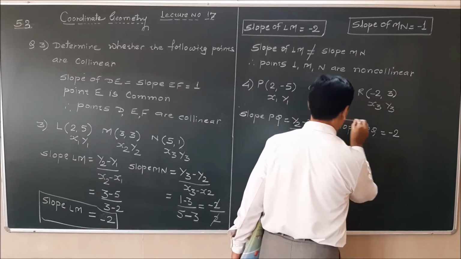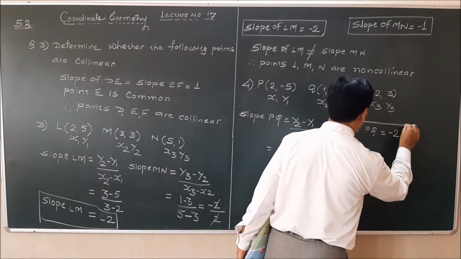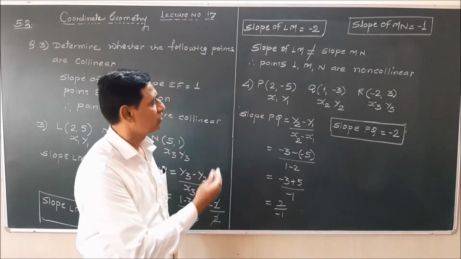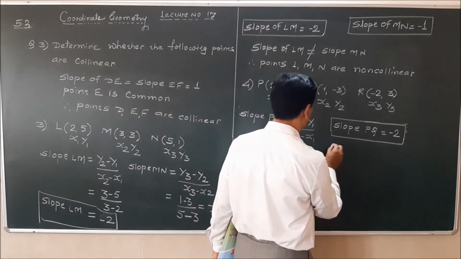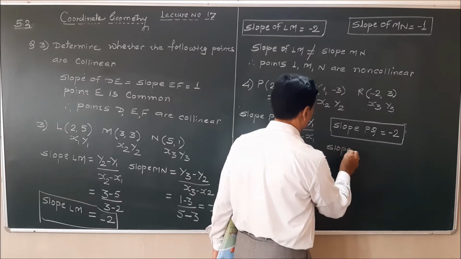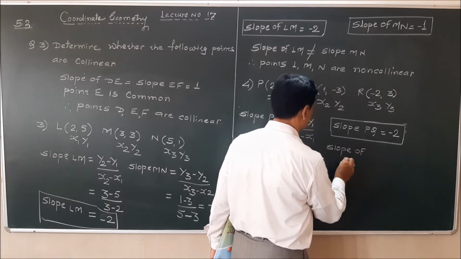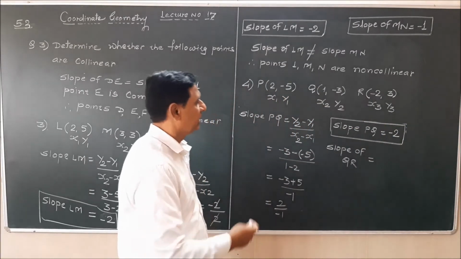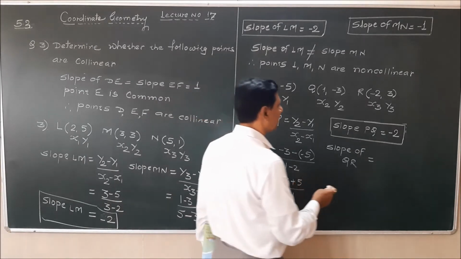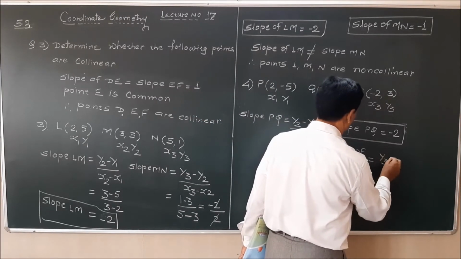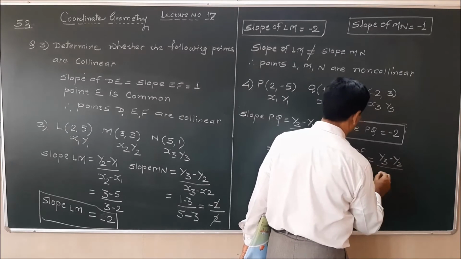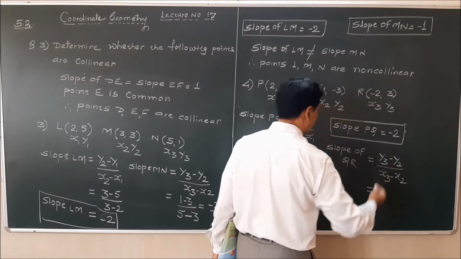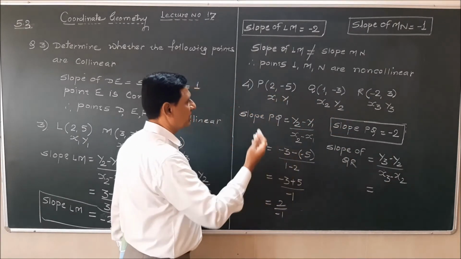So after taking slope of PQ, now I am going to find the slope of QR. Slope of QR is equal to the coordinates of the next point, the next point is R. So y3 minus y2 upon x3 minus x2.